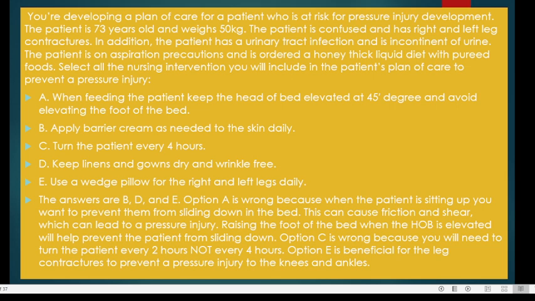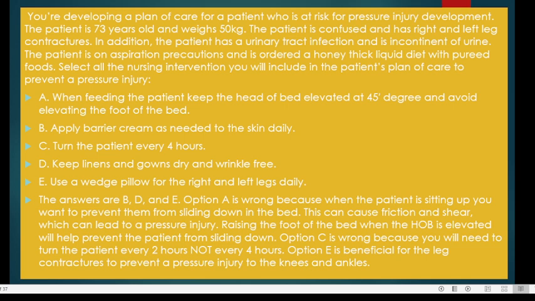D, keep linen and gown dry and wrinkle free. Yeah, that's okay. We can keep that for consideration. And E, use a wedge pillow for the right and left legs daily. Great, keep that also for consideration. So, ladies and gentlemen, A can be good for elevating the head, but it may not prevent pressure injuries.